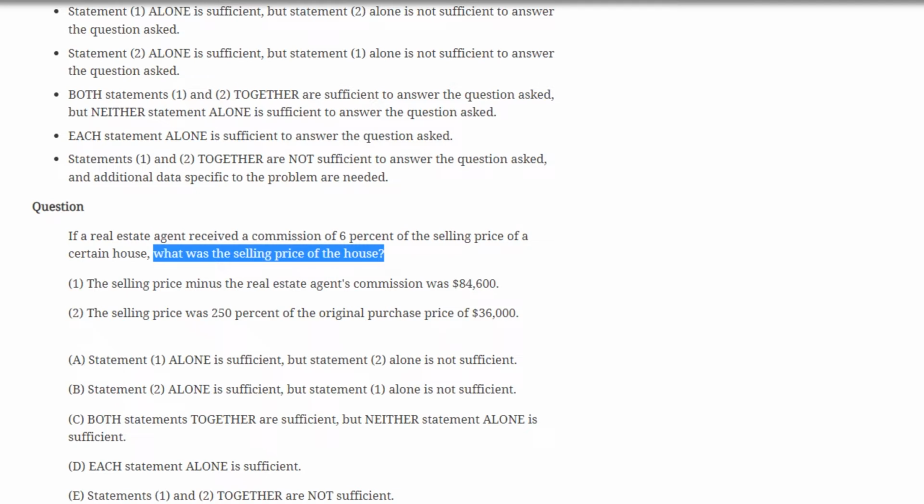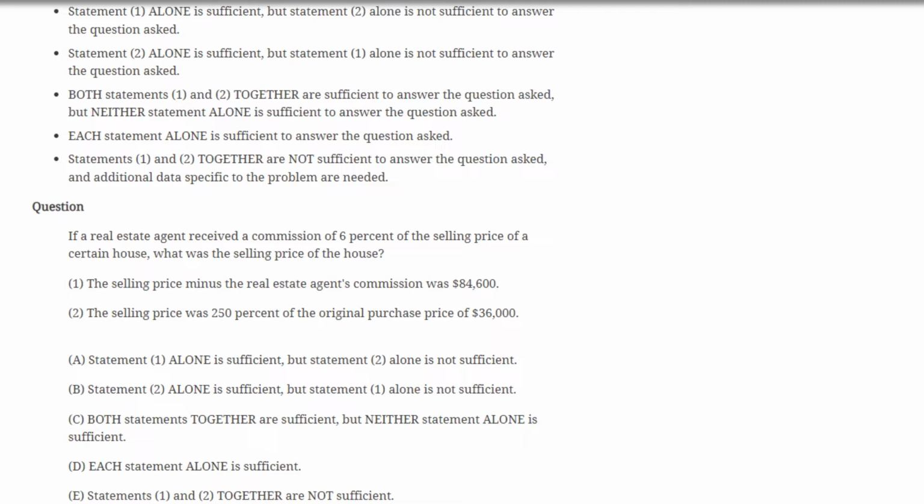And basically answer A says that statement 1 is sufficient, statement 2 is not sufficient, B says the vice versa, statement 2 is sufficient, and statement 1 is not sufficient. C says both statements together are sufficient and neither of them alone is sufficient, okay? So you need to take both of these into account in order to answer this question.